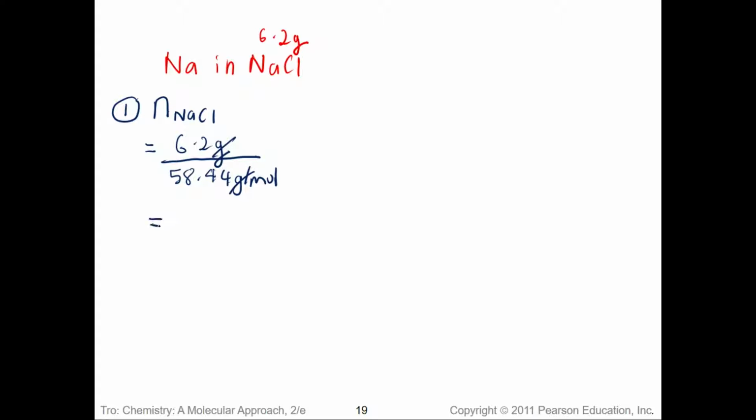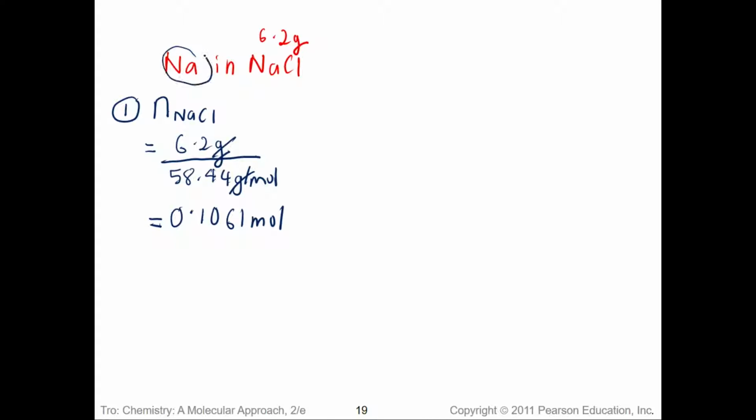So using your calculator, what answer do you get? 0.1061 mole. So this is the mole of NaCl.